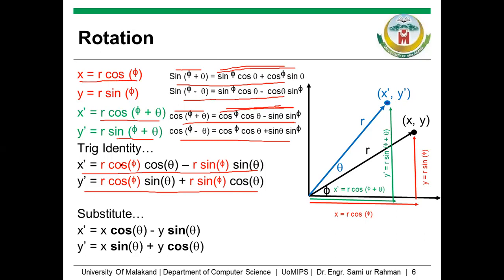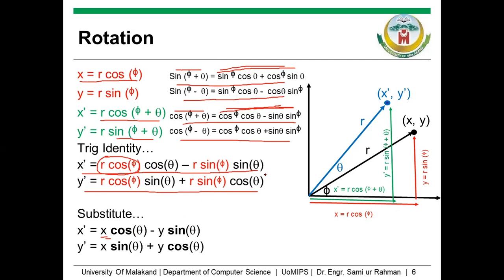So instead of r cos phi, we have written x, and cos theta is at the same place.